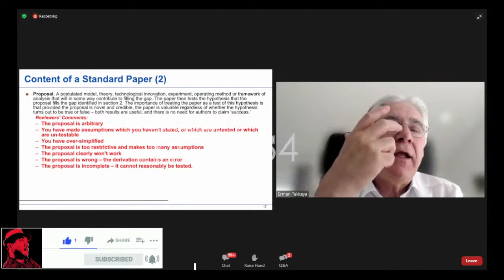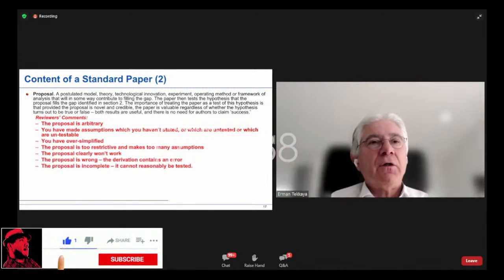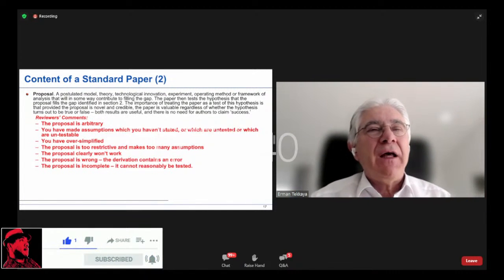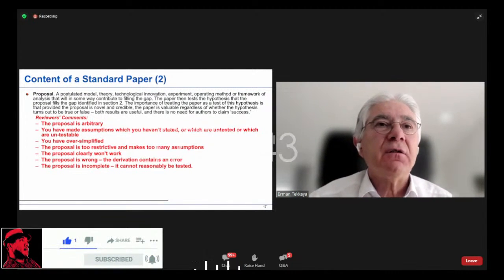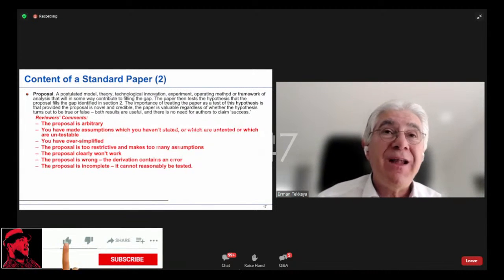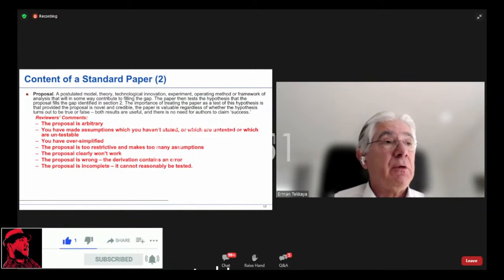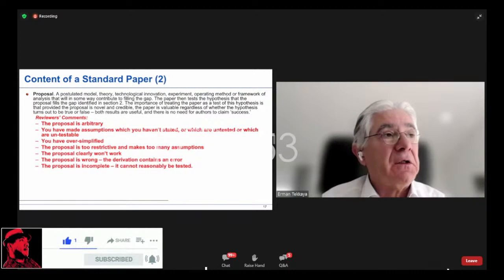So we cannot make a theory by assuming, for instance, if you are going to make a plastic deformation process, let us come back to deep drawing and say, let's assume the material is elastic. That will not work. In that case, the paper will be rejected.